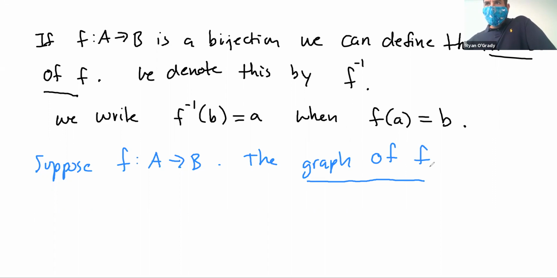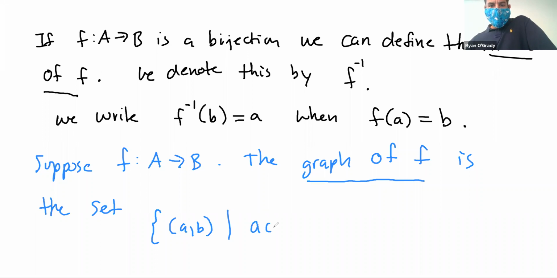So the graph of f is the set of pairs (a, b), where little a comes from the set A, and f of a equals b.